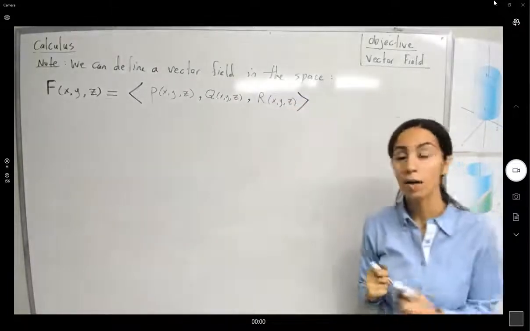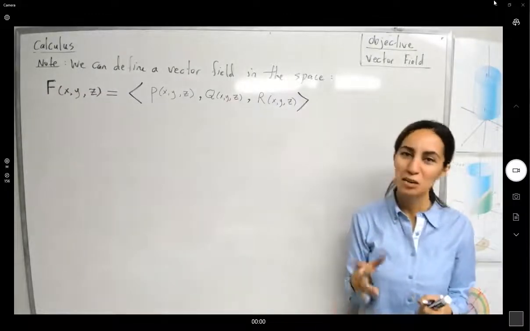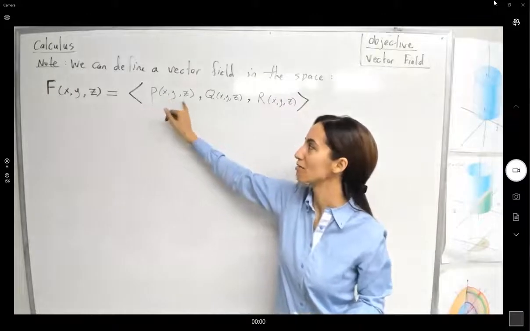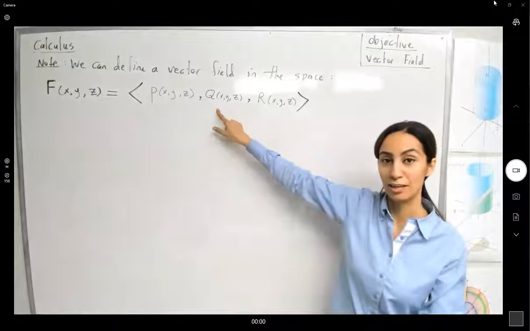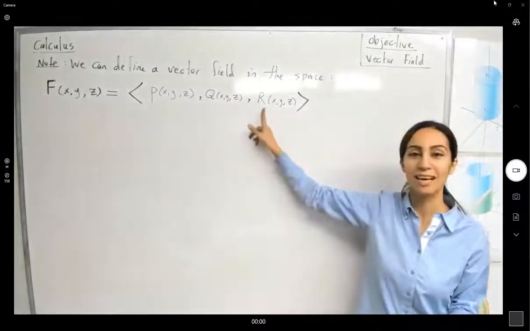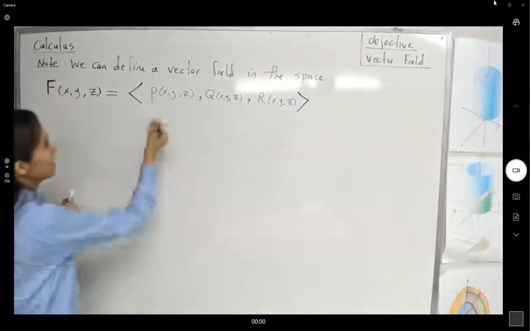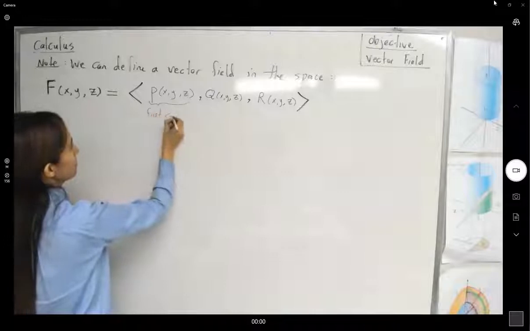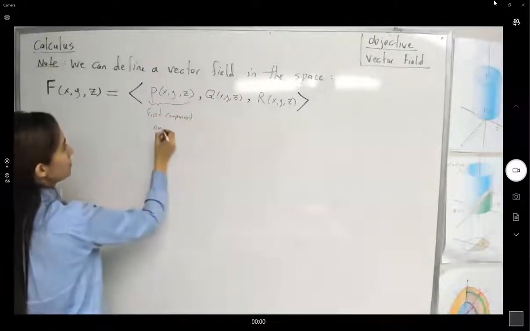Again, these components are all real valued functions. It means that if I plug in numbers for x, y, and z, the first component is a number, the second component is another number, and R, the last component, is also a number. So this is our first component, which is a number.